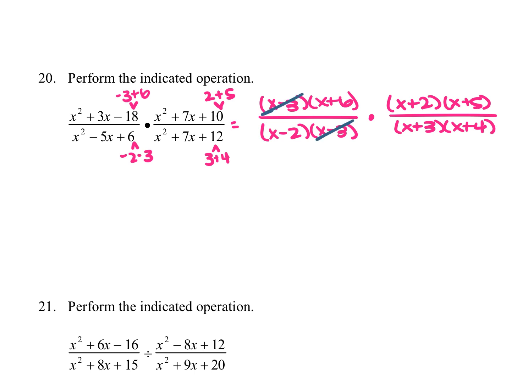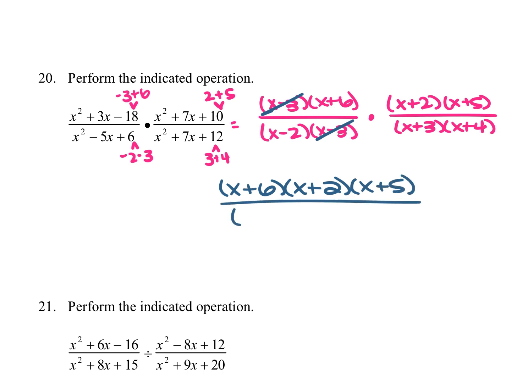You have an x minus 3 on the top and the bottom of the first fraction, but diagonally or vertically, you don't have anything else that can simplify. So we just have x plus 6 times x plus 2 times x plus 5 all over x minus 2 times x plus 3 times x plus 4.